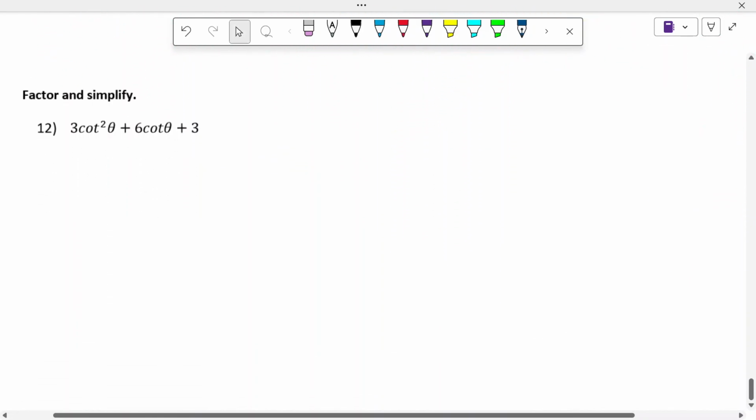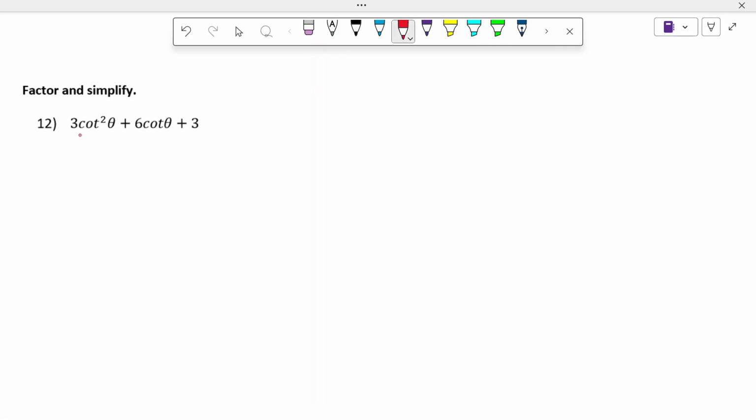This one also says factor and simplify. And this one also looks like it's in standard form. The only thing I noticed when I look at this standard form is everything has a factor of 3 in it. I'm actually going to factor out a 3 out of this thing, and let's see what's left over. What's left over here is cotangent square of theta, because 3 times the cotangent squared would equal that.